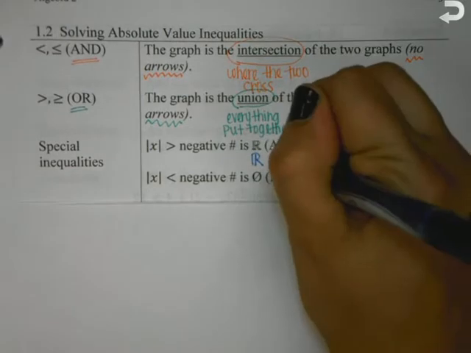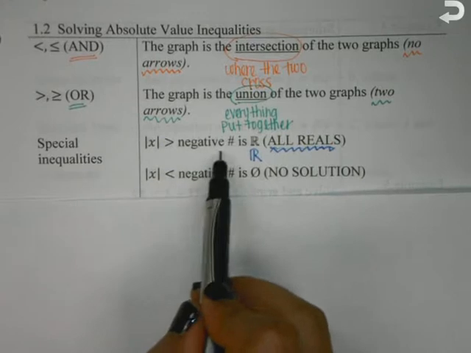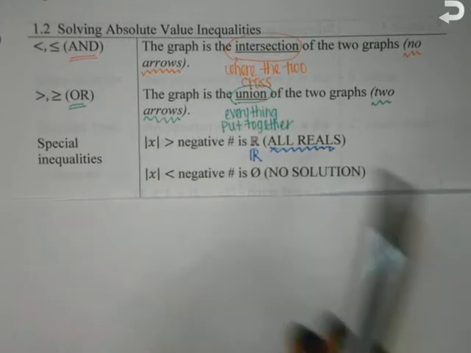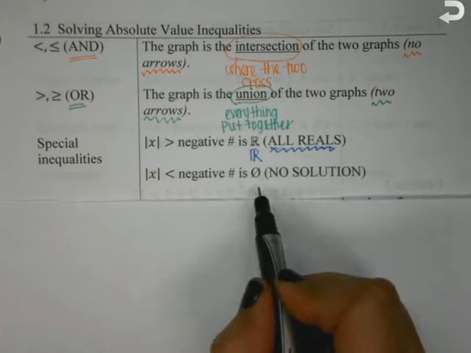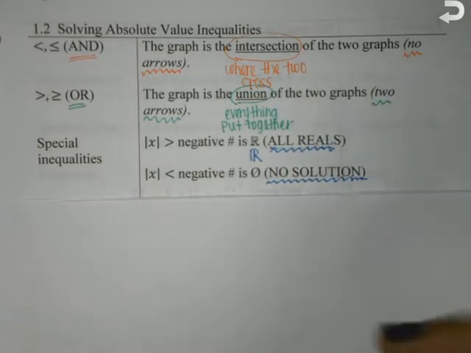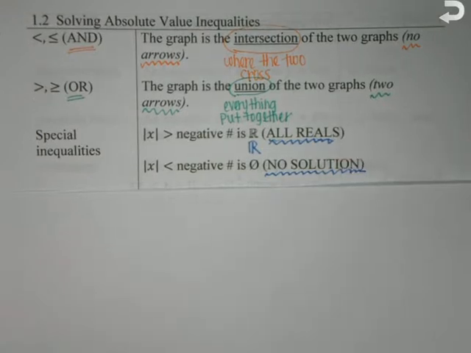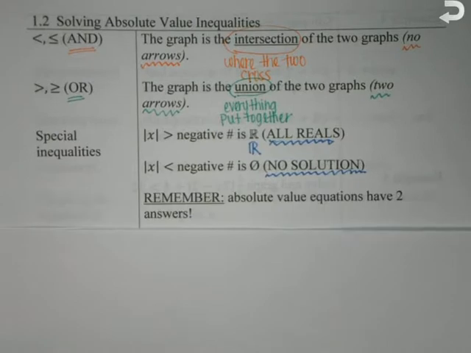So if you're greater than a negative, it's all real numbers. If you are less than a negative, your answer is going to be no solution. So this time, if you see a negative, it's not automatically going to be no solution. So with inequalities, you can have all reals or no solution. You need to make sure you know which one's which. And then just a reminder, absolute value has two answers.